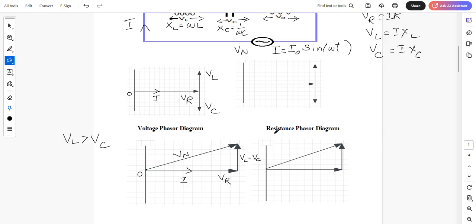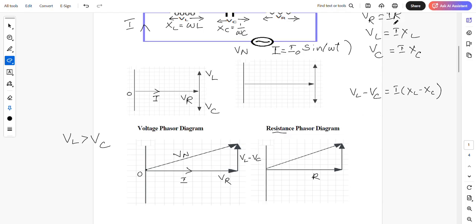Now, if I want to write the resistance phasor diagram, what can I write? I can write here R, because you know that VR is equal to I into R. What will VL minus VC be equal to? I into XL minus XC. Which is the resistance part here?